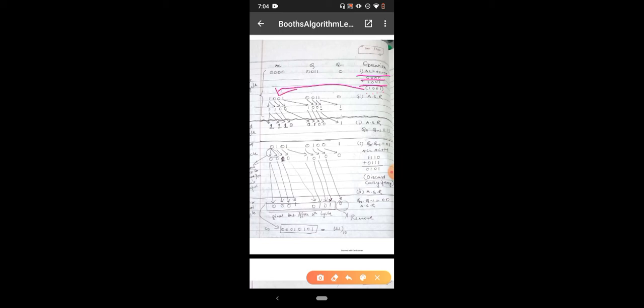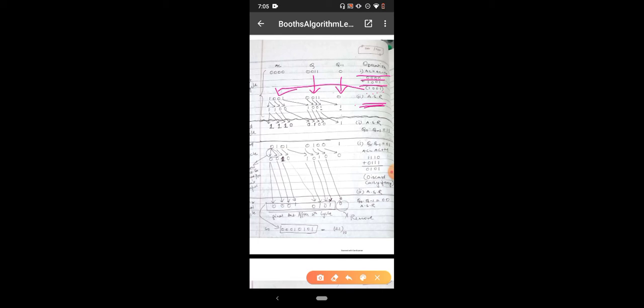Now don't forget, when we do any addition or subtraction, you have to always do an arithmetic shift right. Generally students make a mistake or forget to do this, so keep it in mind. After the arithmetic shift right, you may face some confusion about how the bits go. This bit will come as it is, and this bit also will come as it is.